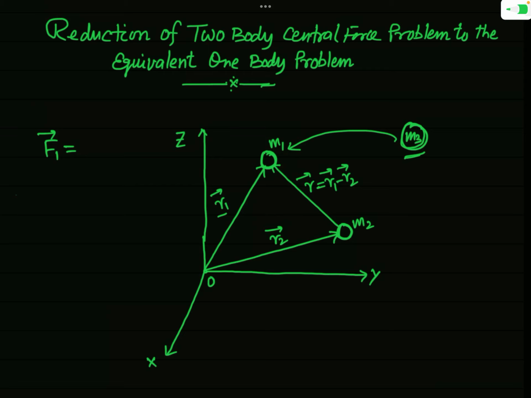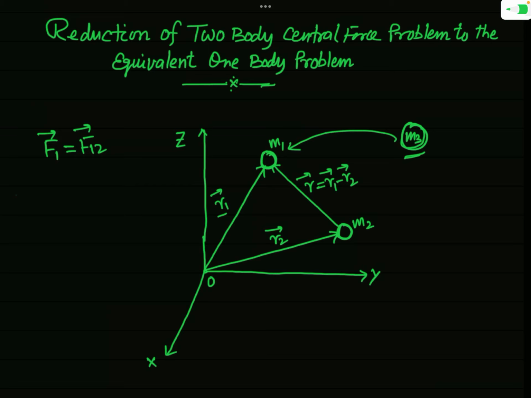But m3 is the outside object, and m2 is just a part of the system formed by m1 and m2. So the force exerted by m2 on m1, let us denote it by the symbol F12. It means F12 is the force exerted by m2 on m1.